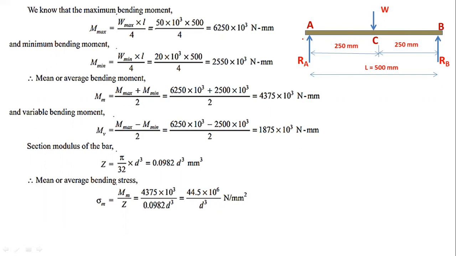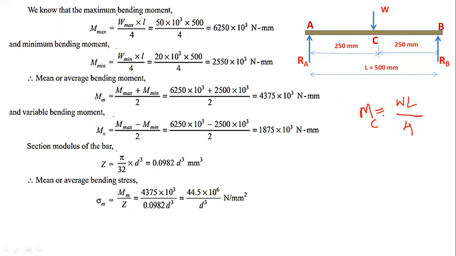So for a simply supported beam carrying a central load, the maximum bending moment at mid-span, at point C, equals W into L by 4, load into length by 4.